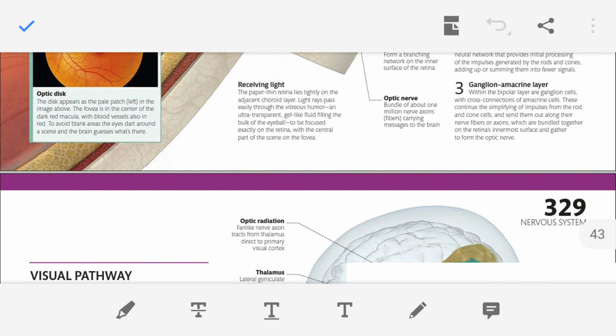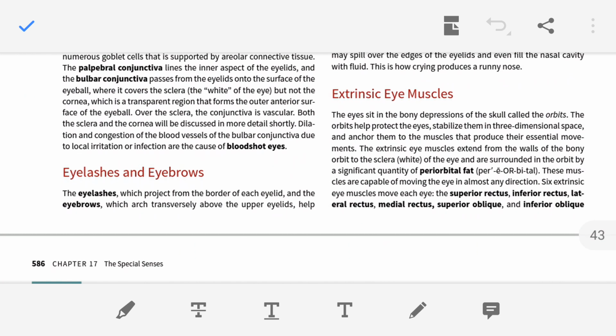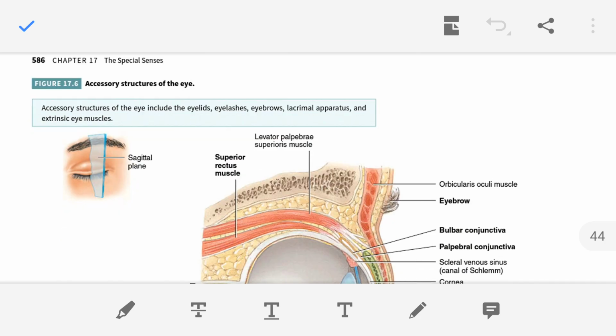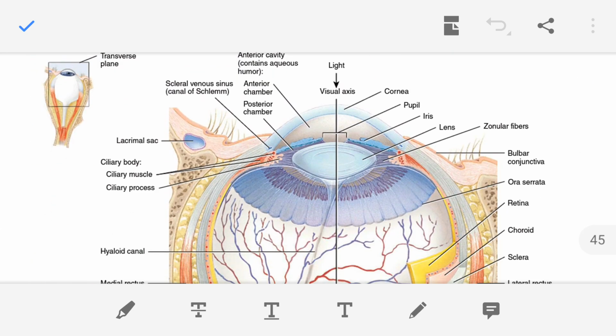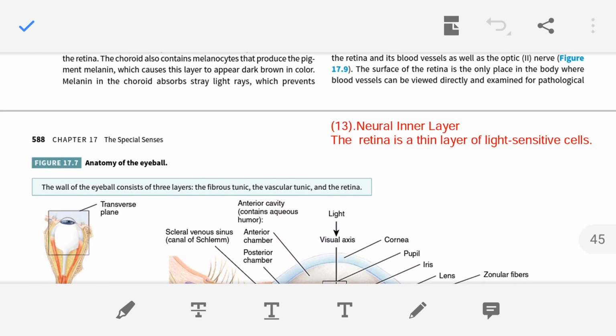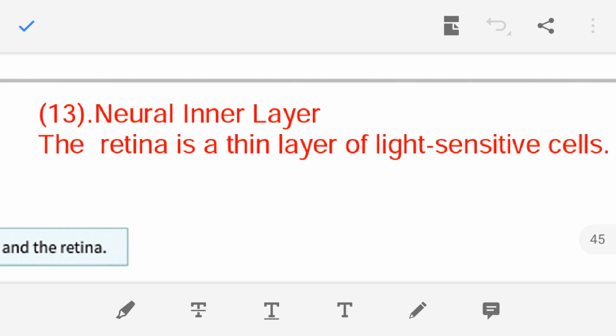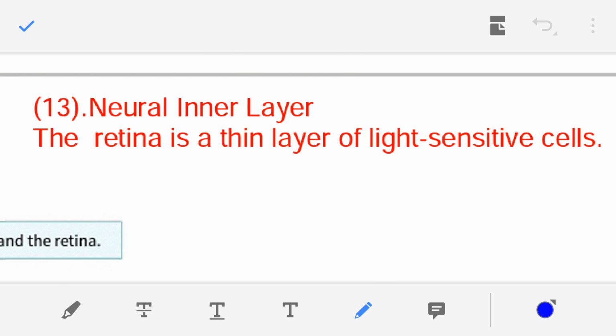Now we are discussing point number 13. Neural inner layer. Now the retina is a thin layer of light sensitive cells.